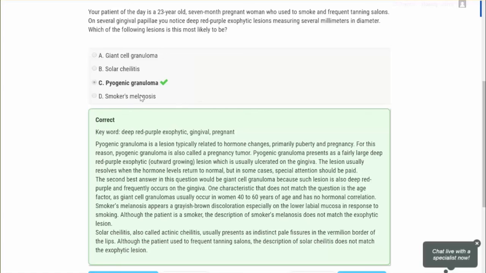Then you would have maybe thought solar cheilitis. Solar cheilitis would have the appearance of pale lips or pale border of the lip to the facial skin. So this is just again an example of how when there are a lot of different things that you think are keywords, you should just focus one more time and try to find the real clues.